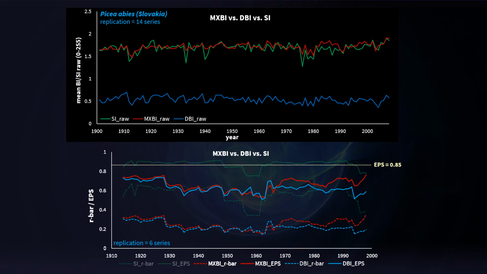And if we look at the surface intensity, the R-bar is considerably stronger, around 0.6 for the most part, with some weaker periods, and this is equivalent to an EPS above 0.85 for most of this time period.